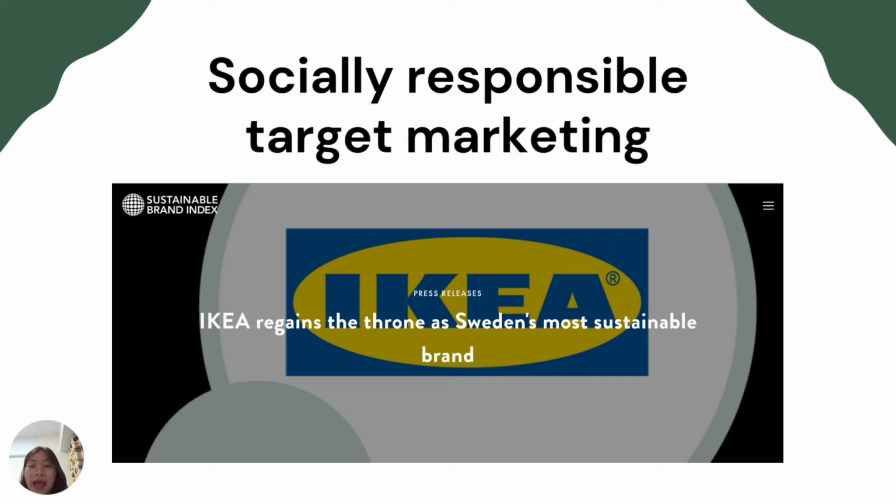For instance, IKEA is ranked first in creating most sustainable brand in 2022. IKEA is always looking for better, socially responsible ways to create, sell, and recycle its products, and the company has committed to a variety of environmental and social initiatives in the hopes of a better future for all.